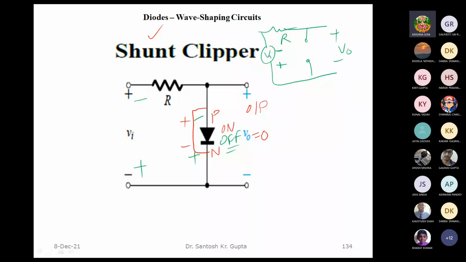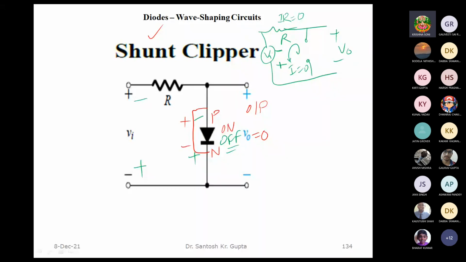In this loop, the current is 0, because the diode is off and there is no path through which the current can flow. So the voltage drop across the resistance, I times R, is going to be 0.